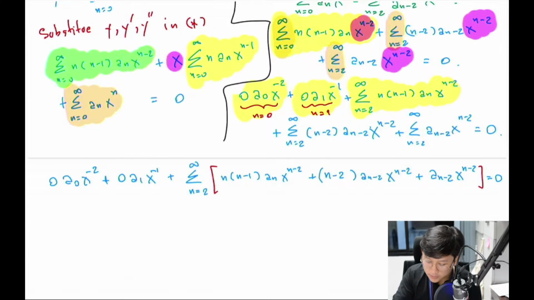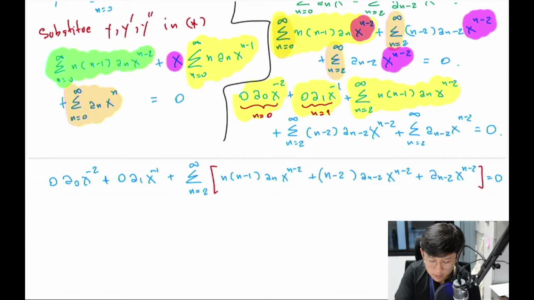This is this, this is this, and this is this. I can group them together because they now have all the same exponents and the same summation sign.